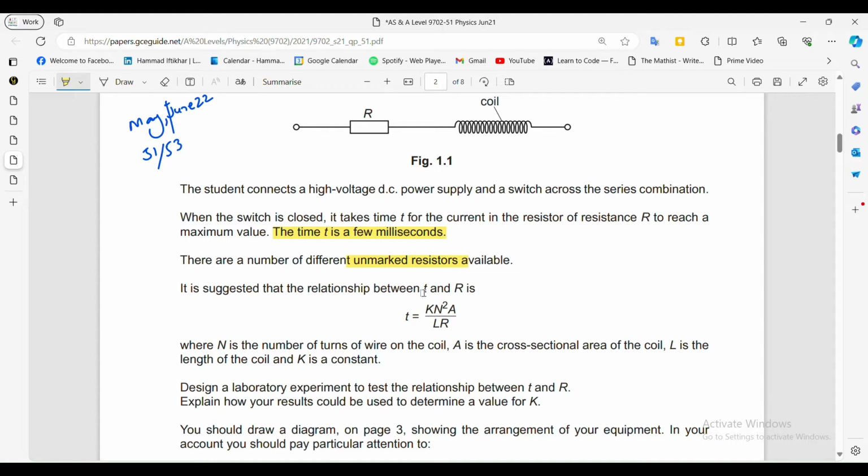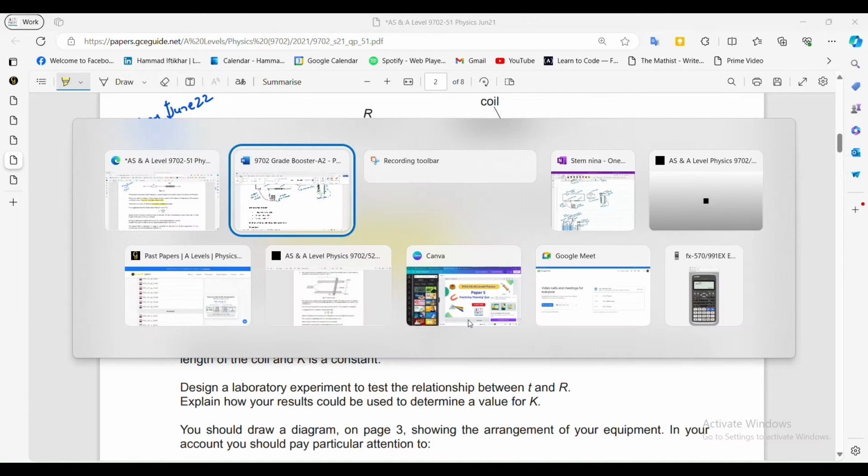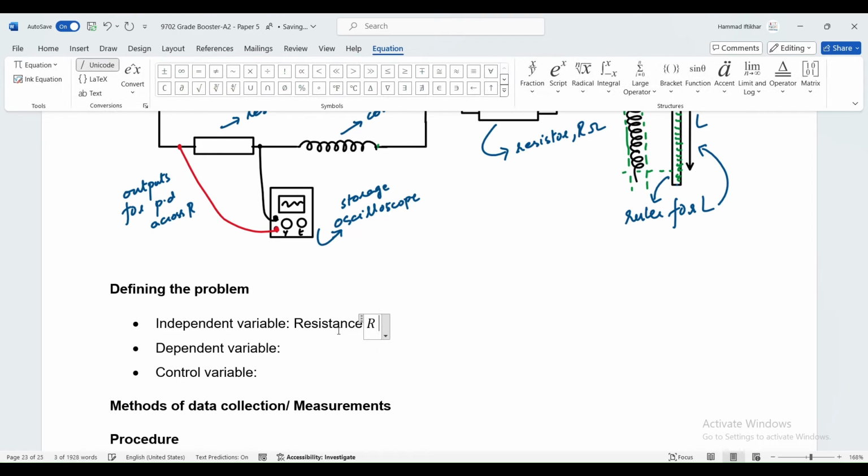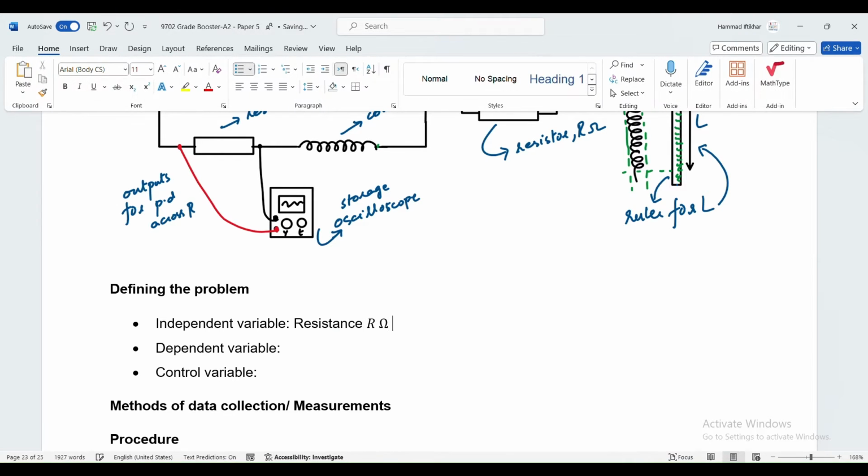The relationship is between t and R. So t is the dependent and R is the independent. Going back, the independent variable is the resistance R, in ohms, of the resistor.